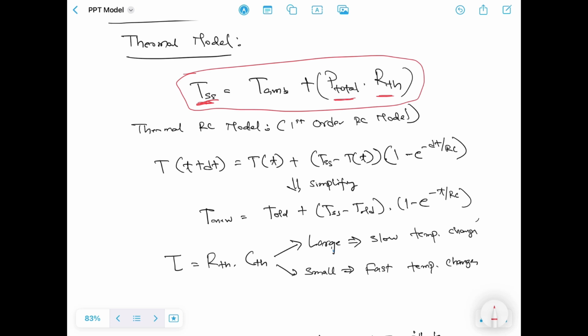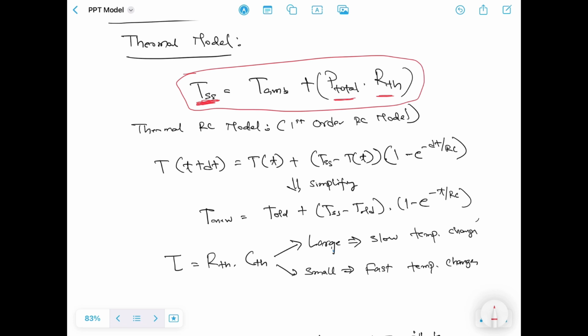And when we start running the processor, the temperature of the processor wants to get to the steady state. That's the basic idea here. And the other thing is this steady state temperature can be higher than the skin temperature.